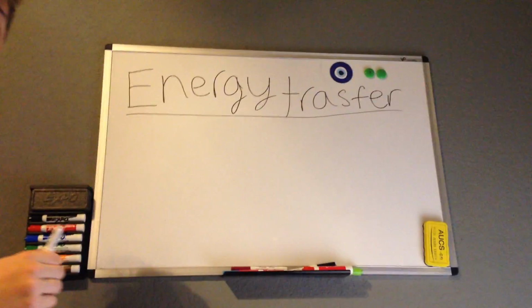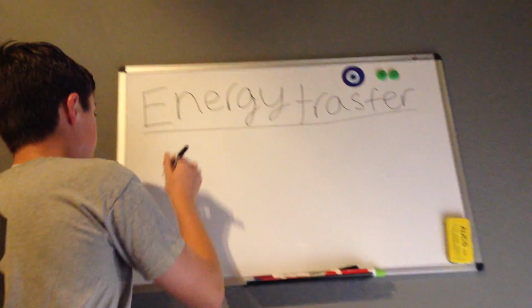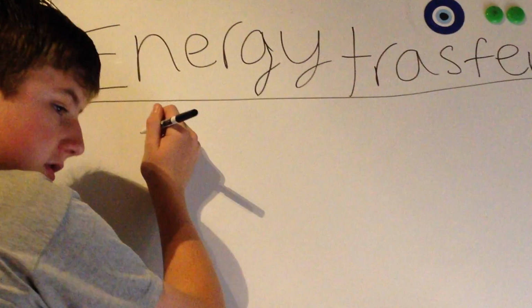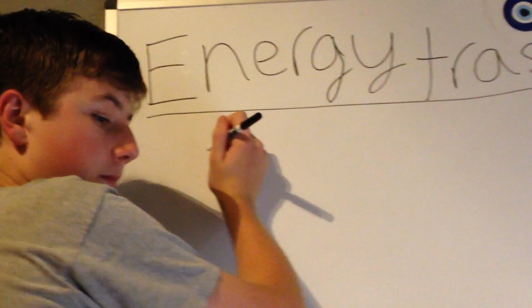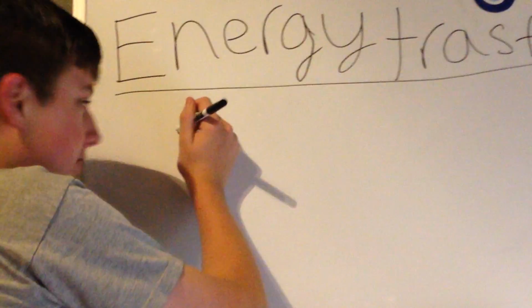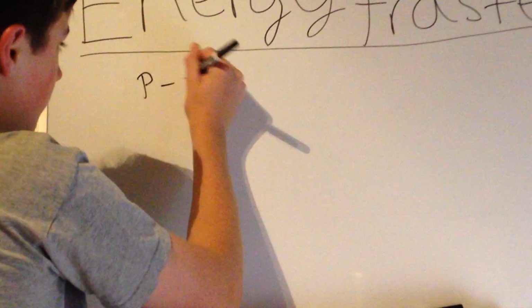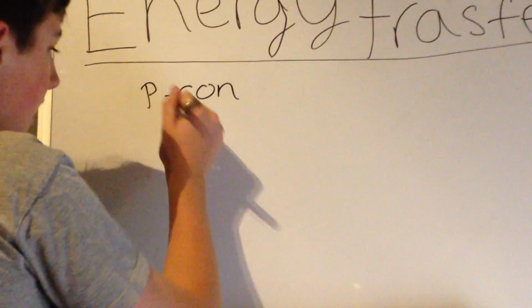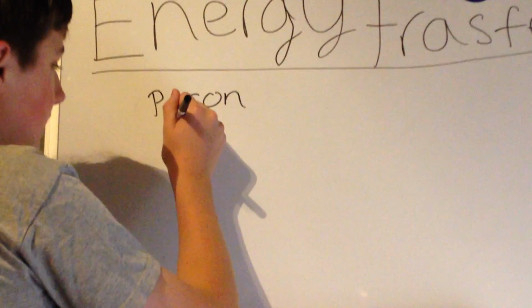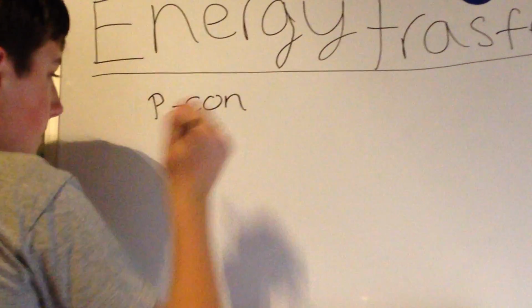Another way to see the energy transfer through an ecosystem is a simple math problem. You take whatever percentage of energy one class has. So say we want to do primary consumers. The primary consumers have 15% of the energy.